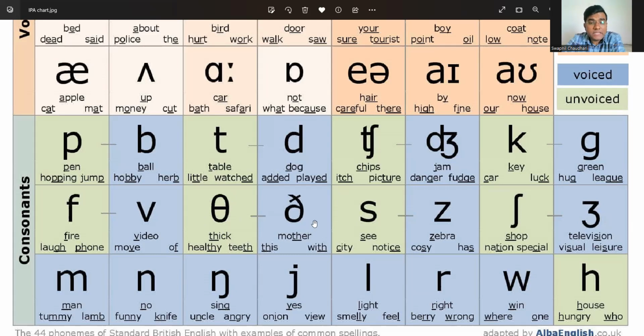And then we have the th sound in mother, this, with, represented by this symbol. This looks like a small d with a curved line and a little line crossing it diagonally. Whenever you see this symbol, you need to understand it is representing the voiced th sound.